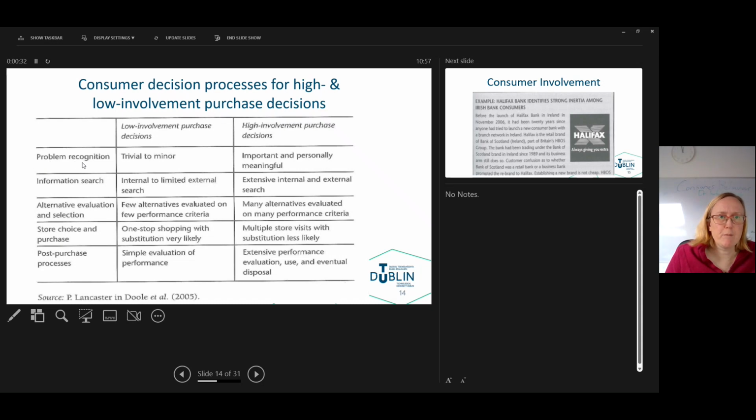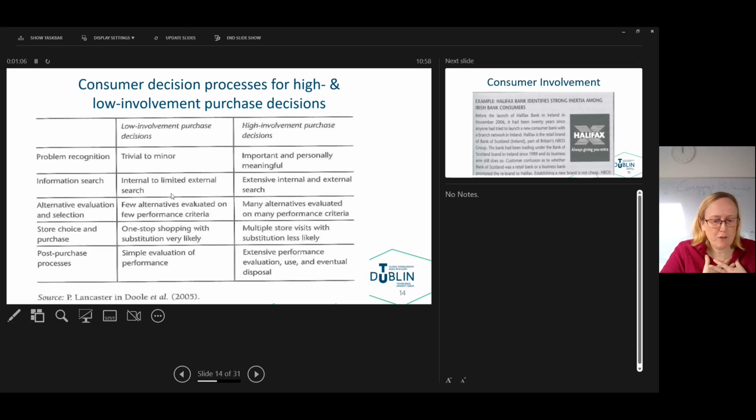So for the first step of problem recognition, for low involvement decisions, it's a trivial to minor issue here, whereas problem recognition is very important and personally meaningful in high involvement purchases. Again, information search on the low involvement, it's internal to limited external. So it's about remembering what your experience was previously when you had that brand.